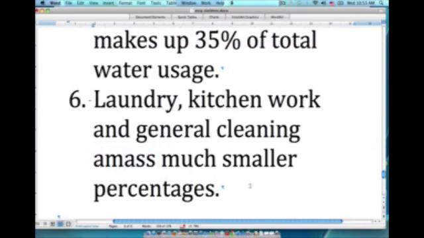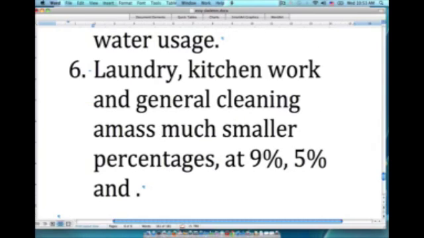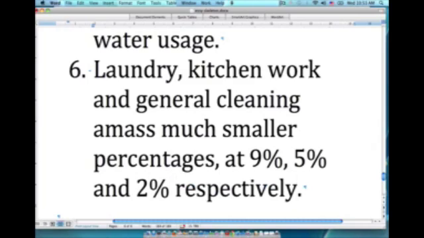And we can even just stick in the percentages here. So now laundry was 9%, kitchen work was 5%, and general cleaning was 2%. And I'm going to stick in the word respectively.